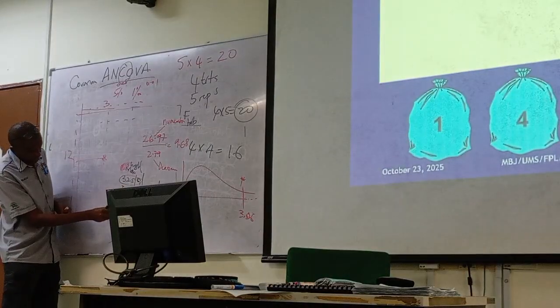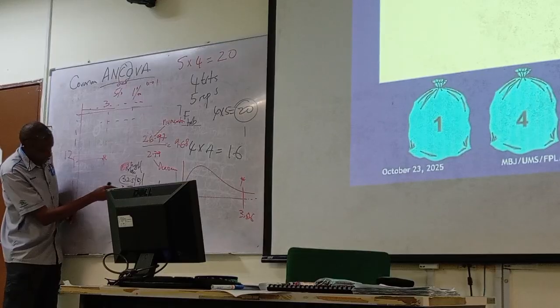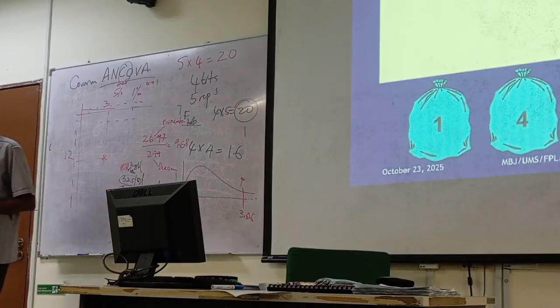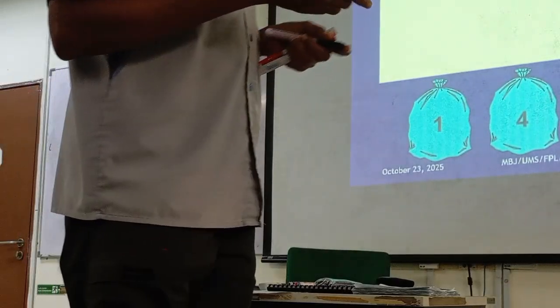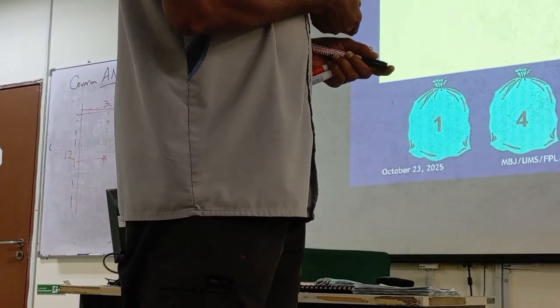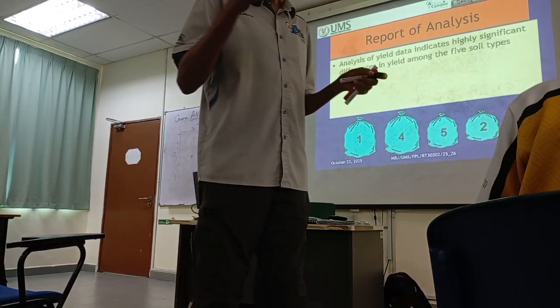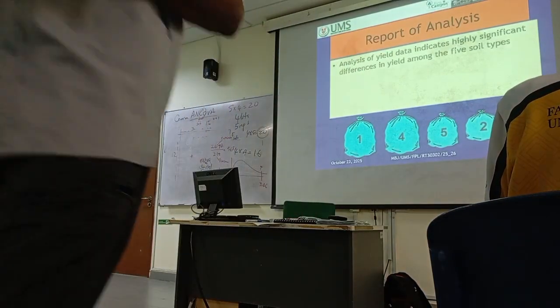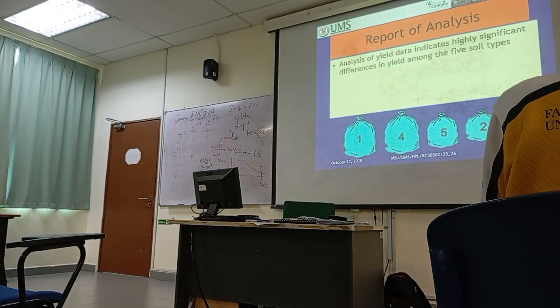This B here is also the same as this one. So they will attach a letter there to tell you whether there is a difference. And this is called a post hoc test. I will not ask you to do this by hand because the software will do it for you. The only thing you must know is what it means.